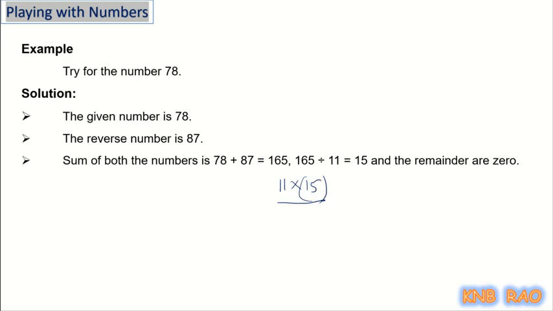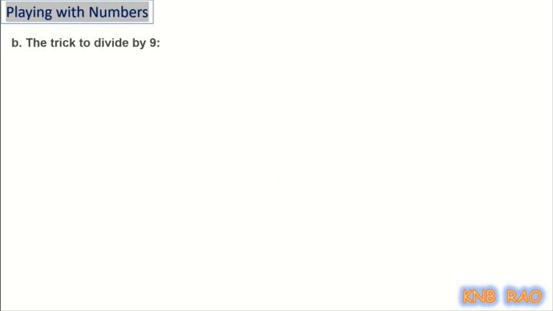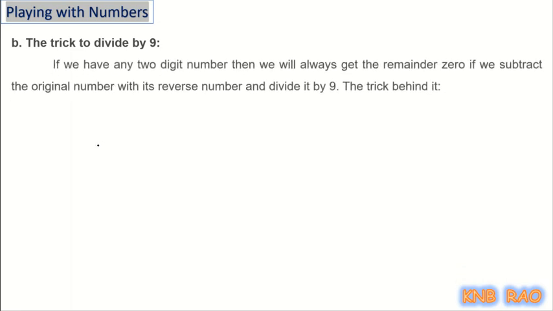Okay. Now, moving on to the trick to divide by 9. So, the trick to divide by 9 is, if we have any 2-digit number, then we will always get the remainder 0 if we subtract its reverse number from the original number and divide it by 9.